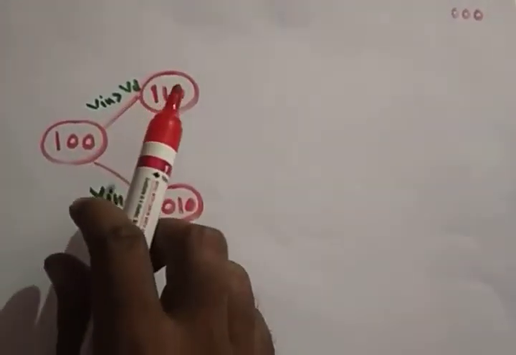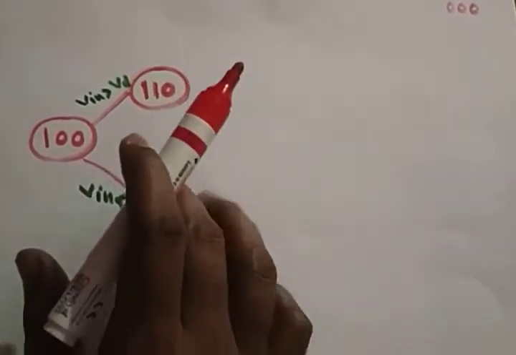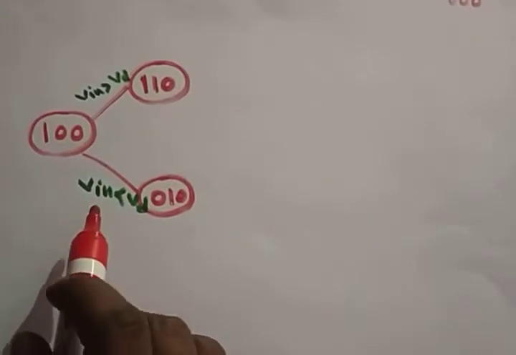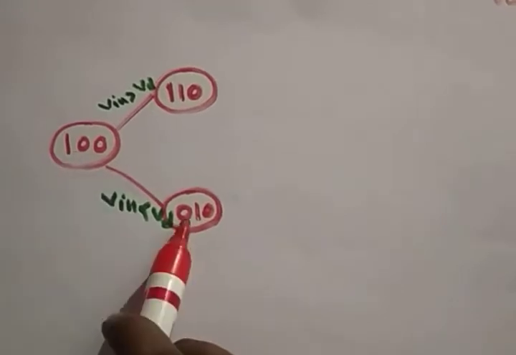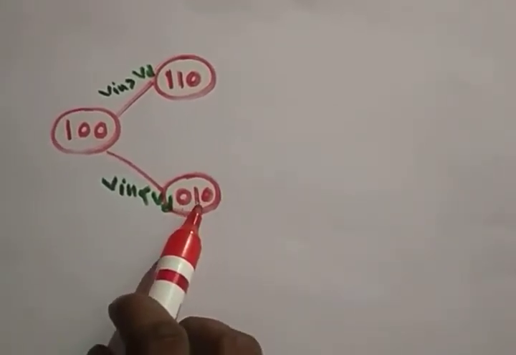If Vin is greater than VD, it will set the next bit. If Vin is less than VD, you will first reset the previous bit and set the next bit, right? The previous bit 1 was set, now it is reset, and the next bit is set.